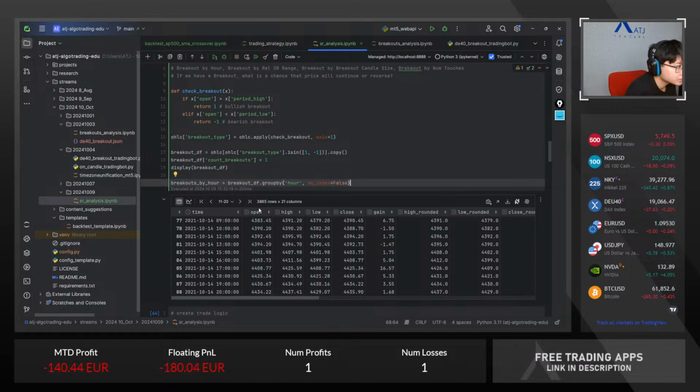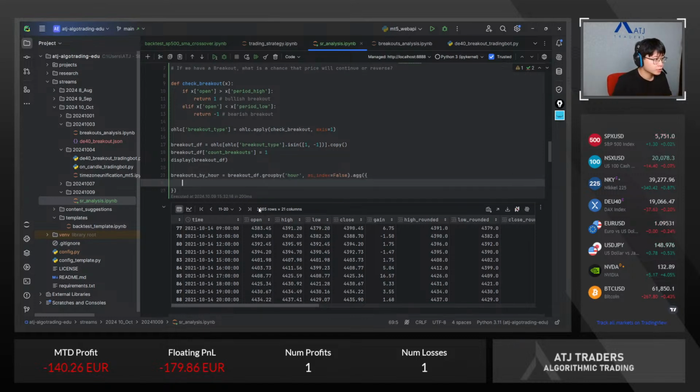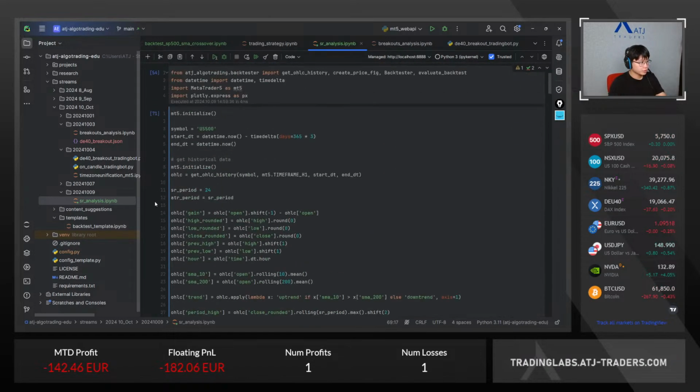Now what we can do is breakouts by hour is equal to breakout df dot group by hour, as index equals false. And we want the gain and we want the sum here. Maybe I should use percentage gain, so we always have a relative amount in percentages.